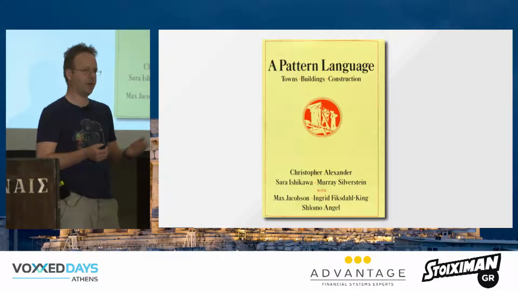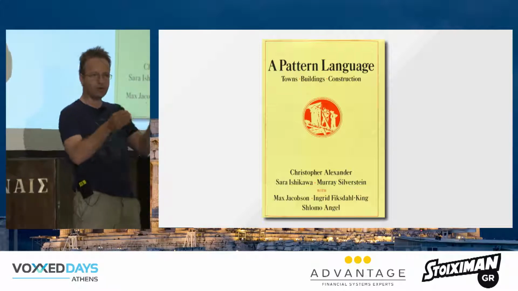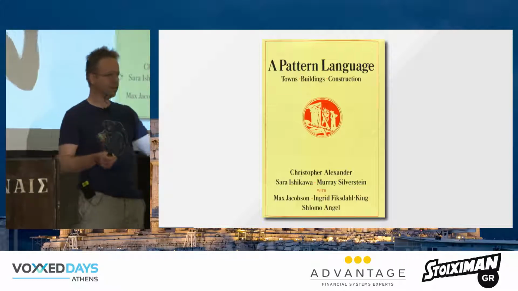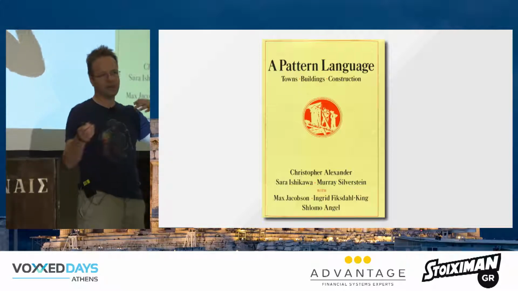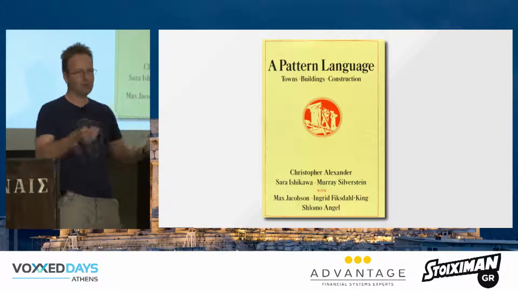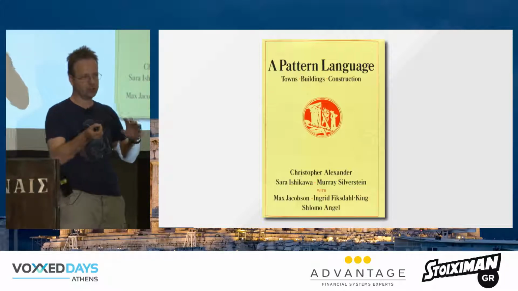For example, they had a pattern called neighborhood boundaries, how you should model the boundaries to your neighbor so that you have a good neighborhood, or ceiling height variety, saying that different rooms should have different ceiling heights to make them more comfortable and nicer. So these are patterns. They are connected to each other.